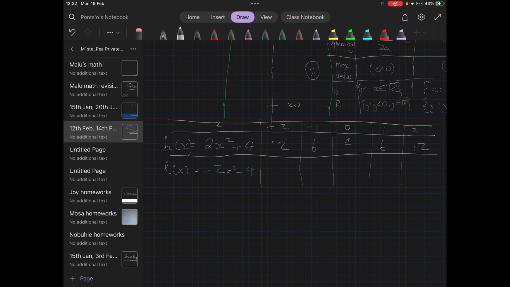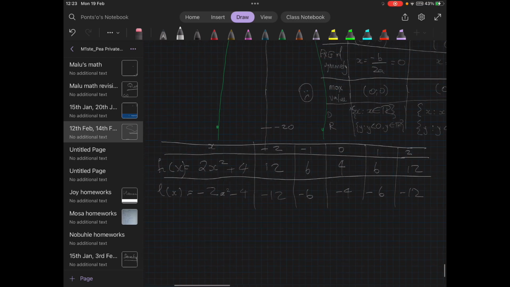And then for L of x, negative 2x squared minus 4: negative 12, and for negative 1, negative 6. And for 0, negative 4. That means that's negative 6 and negative 12.